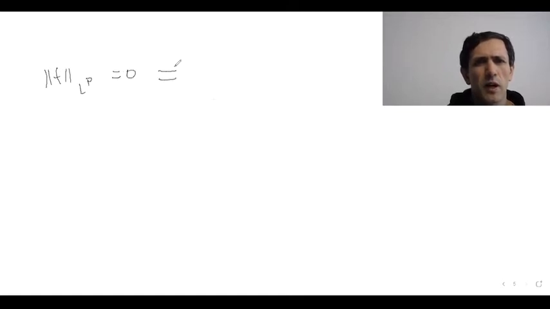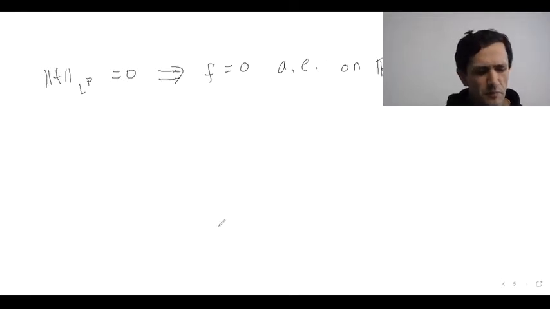Right. So in this case here, we have that this equals 0 does not imply that f is the zero element of the vector space X; all it tells us, of course, is that f is 0 almost everywhere on R.